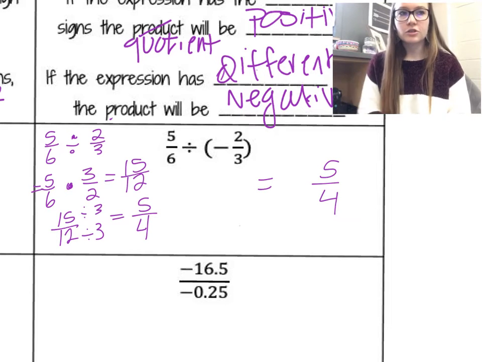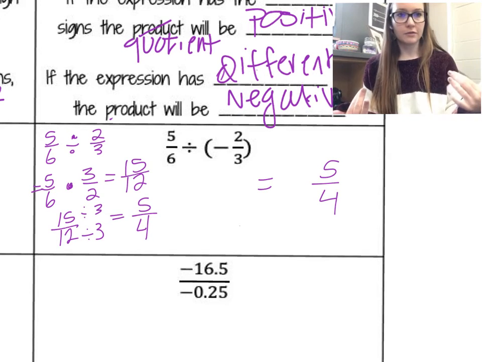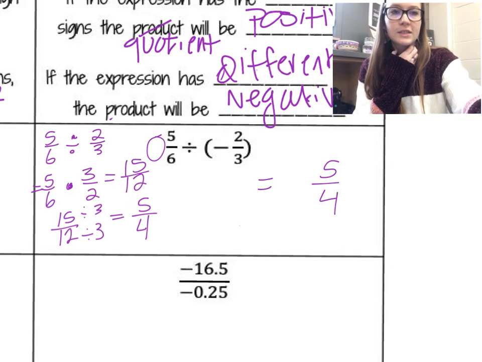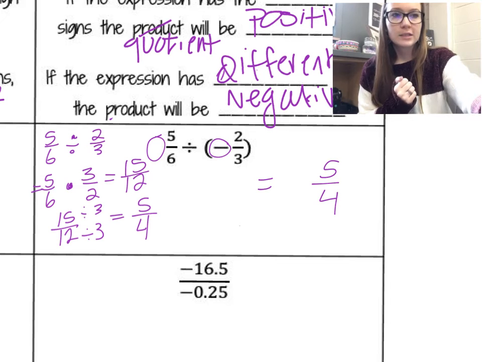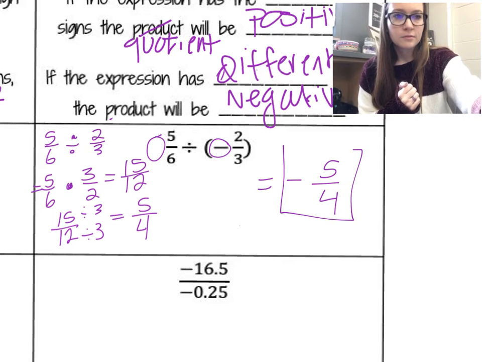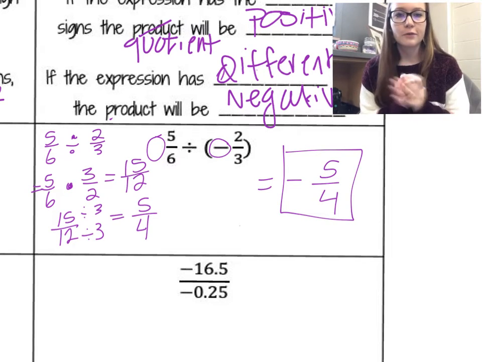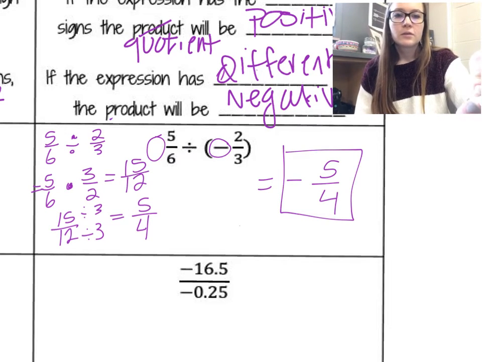Then I have to figure out, should it be positive or should it be negative? Well, I have a positive divided by a negative. Those are different, so my answer is negative. So -5/4. So all I did was I turned division to multiplication. I kept the first one.